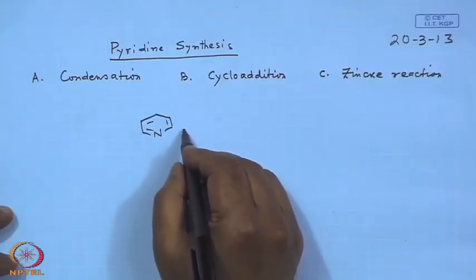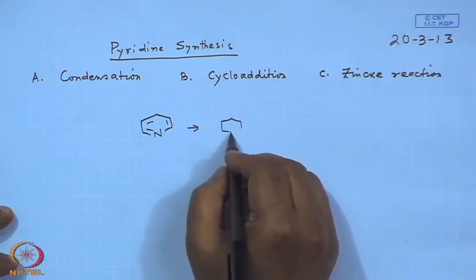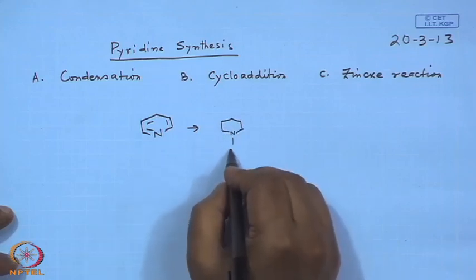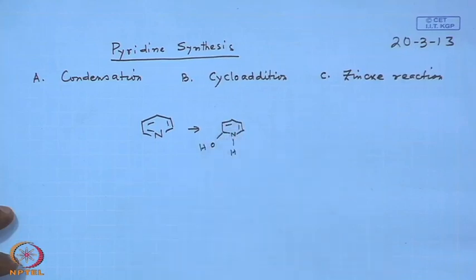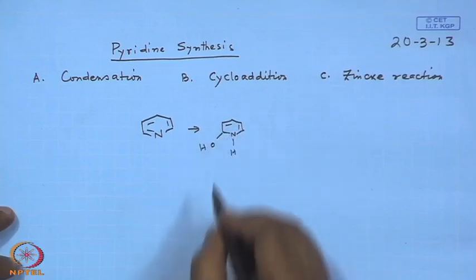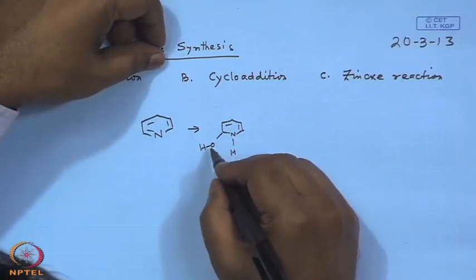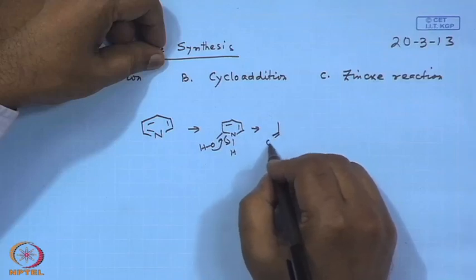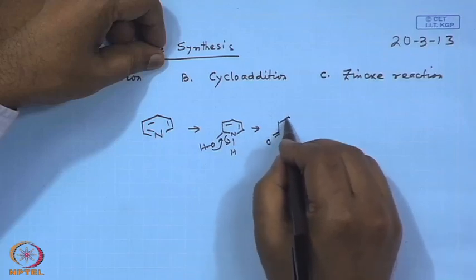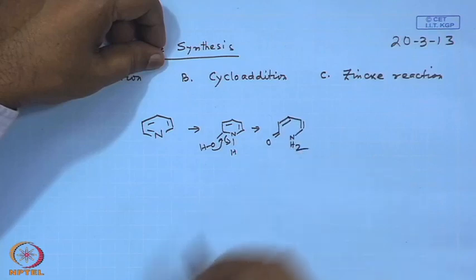Breaking open means you add water to it, maintaining the electronegativity. Then you again break open this one, and you will find something like this, and then you will have NH2.